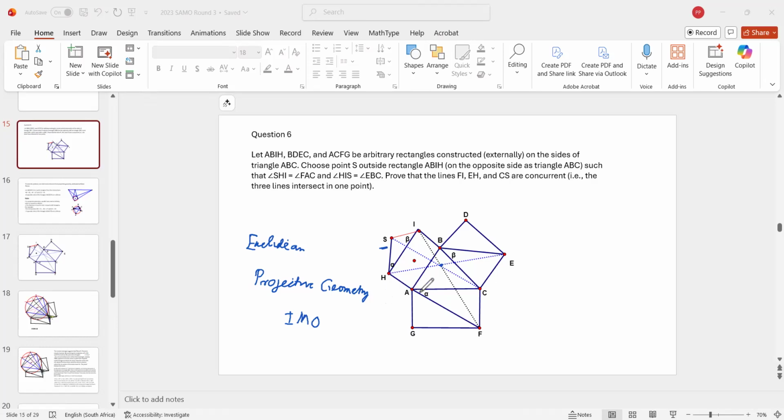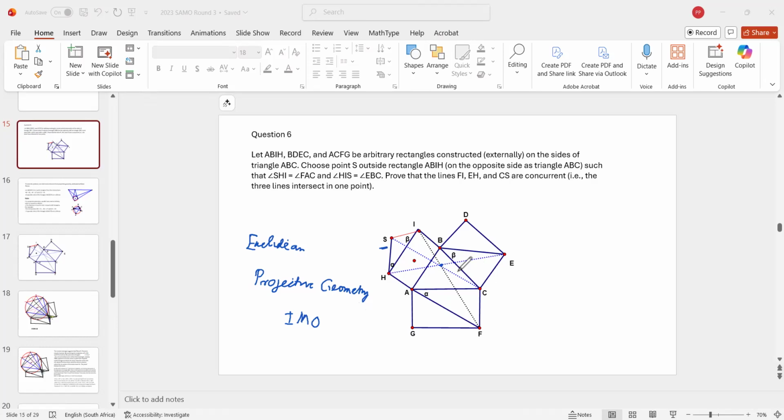But I guess the people who set this problem expected those who are going into round 3 to also learn something about projective geometry. Okay, so there's a particular theorem in projective geometry that is invoked to solve this problem.